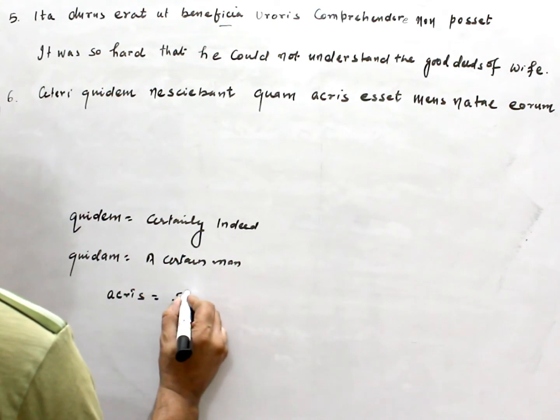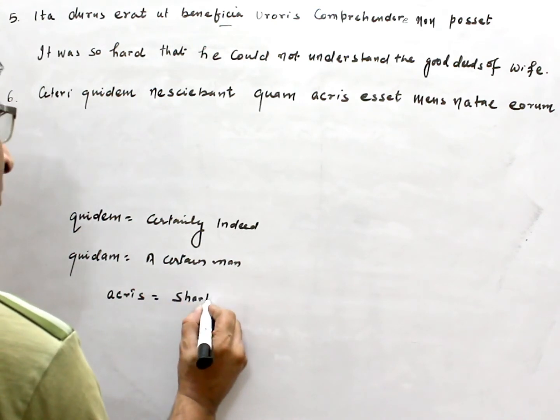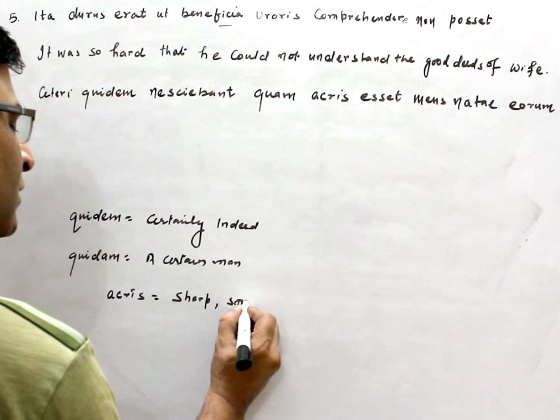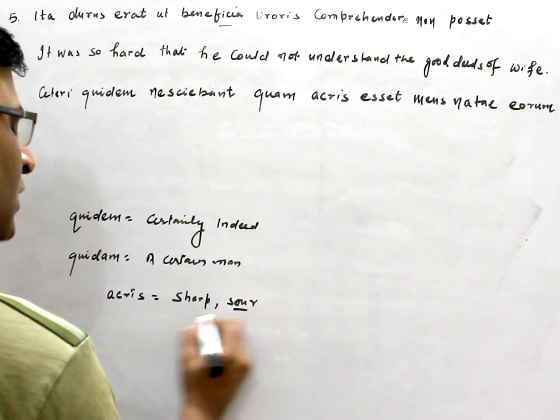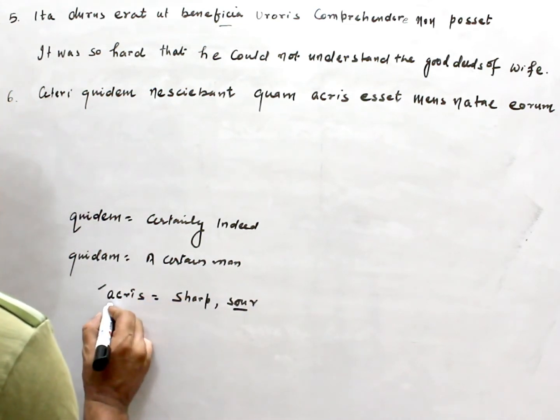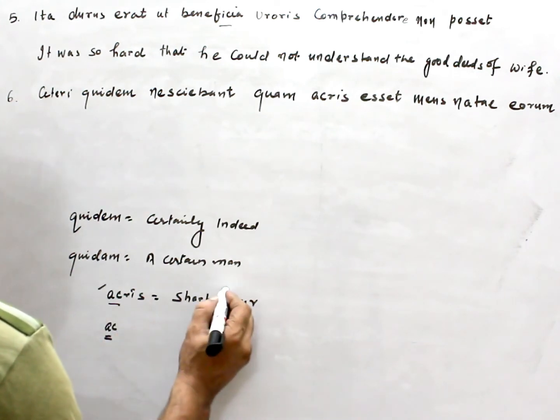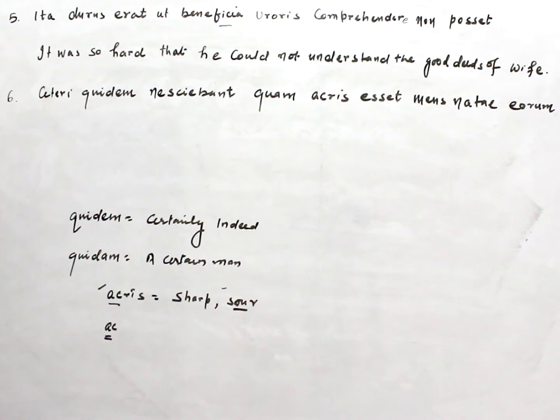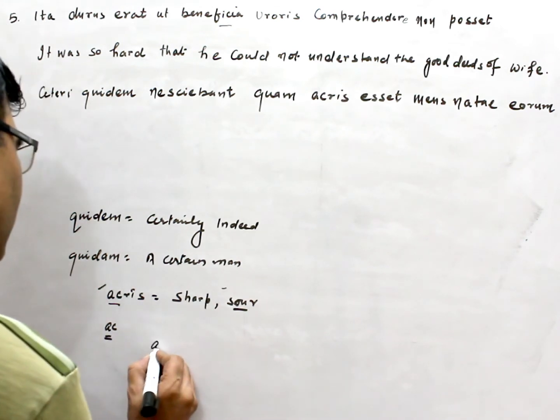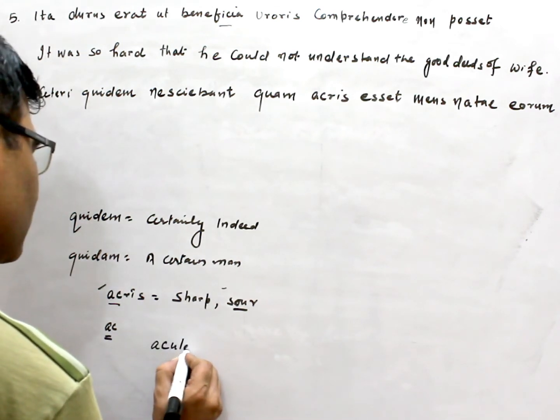Acris means sharp, and this is also sour in taste. So this root for sour, bitter, that's why we know acute.